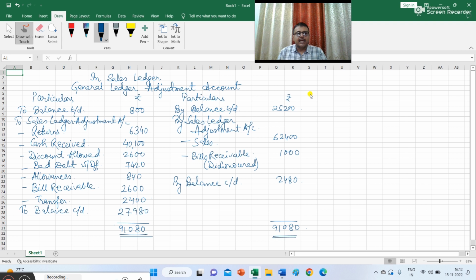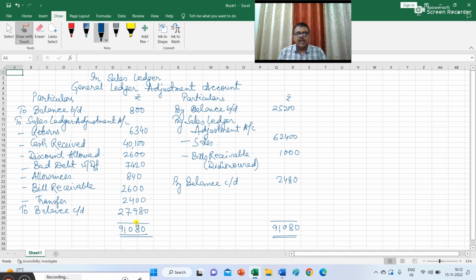So on the debit side, I have written to balance BD 800, then to sales ledger adjustment account, and under sales ledger adjustment account the items are returns 6,340, cash receipt 40,100, then discount allowed 2,600, bad debt written off 7,420, bills receivable 2,600, then transfer from bought ledger 2,400, and the closing balance of debtor is 27,980.